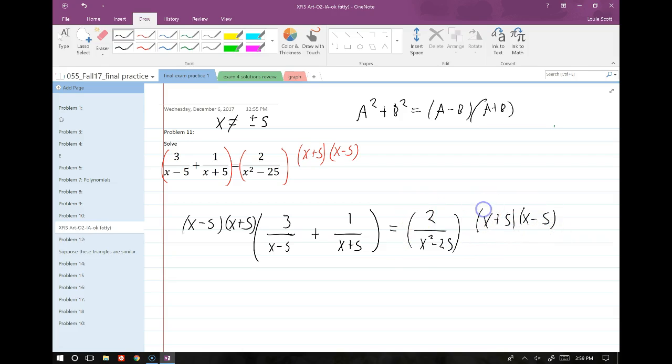So right off the bat, I already know that x squared minus 25 is equal to these factors, so I can just cancel both of these over on the right side.